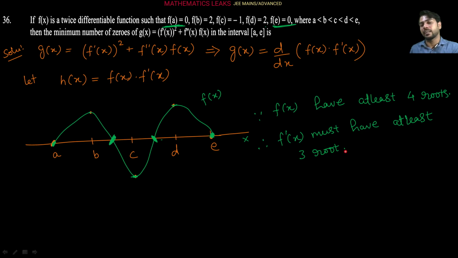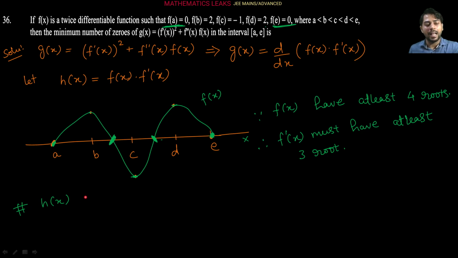They are asking how many roots g(x) will have in the closed interval a to e. Here g(x) is the derivative of the function we are considering, h(x), where h(x) is f(x)·f'(x).